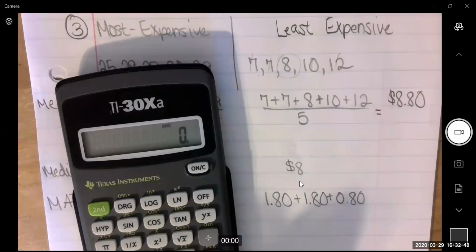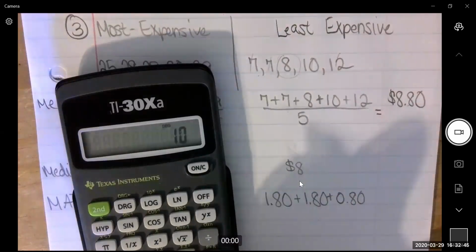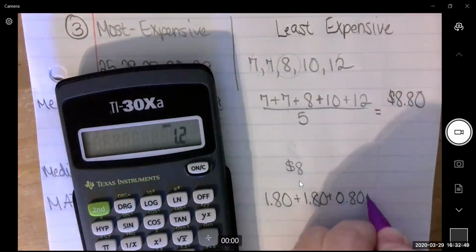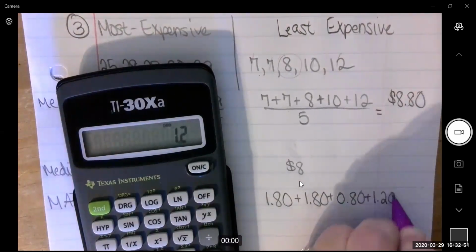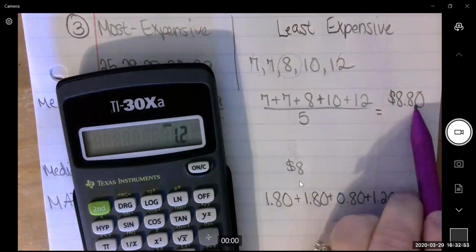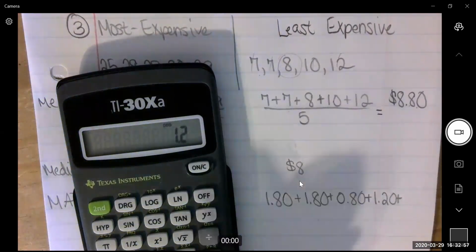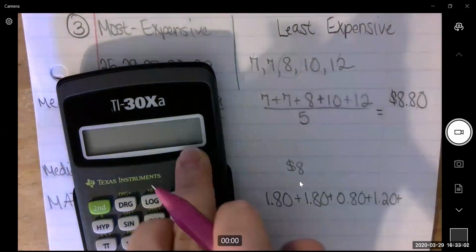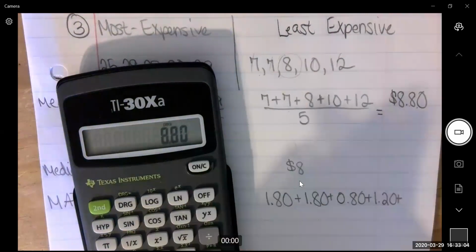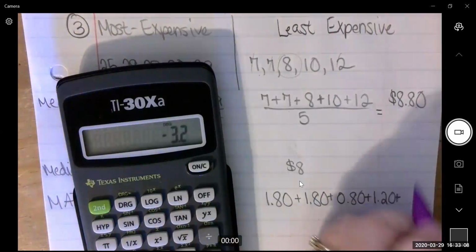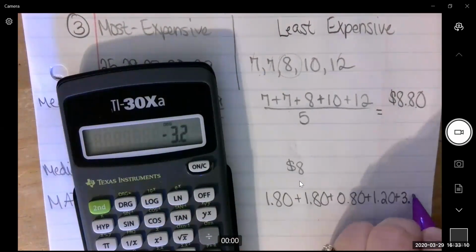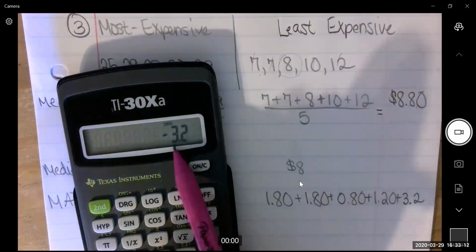Okay, and again, you're just subtracting the data from the mean. So from 8.80 to 10, it's $1.20. And then the last one, 8.80 minus 12 is 3.2. Notice I got that negative there.